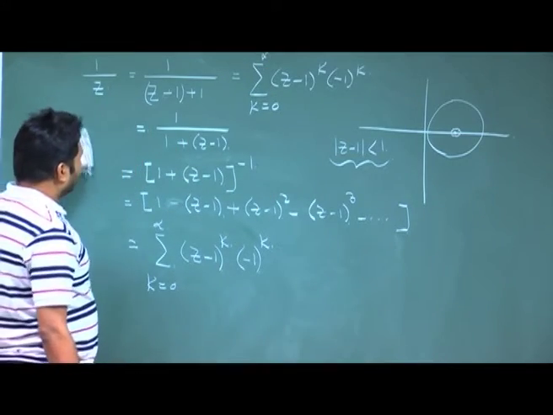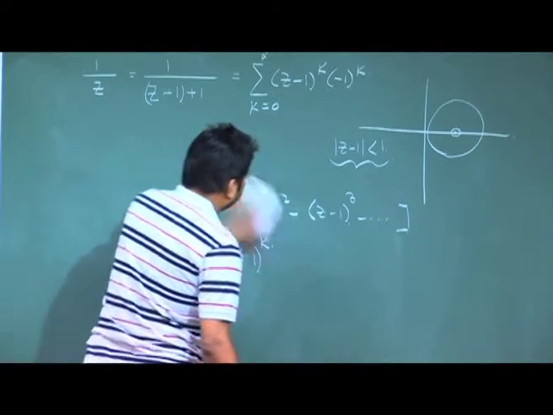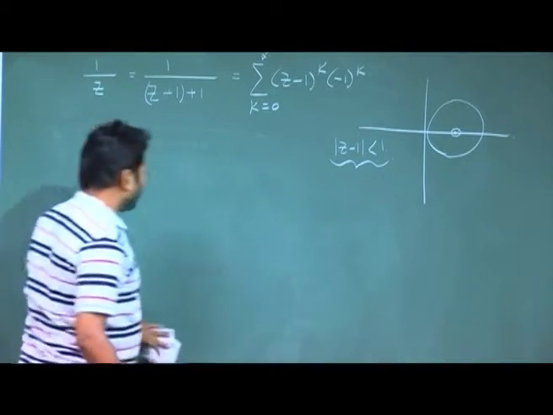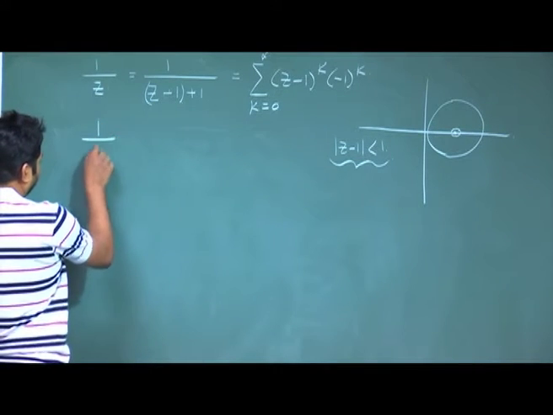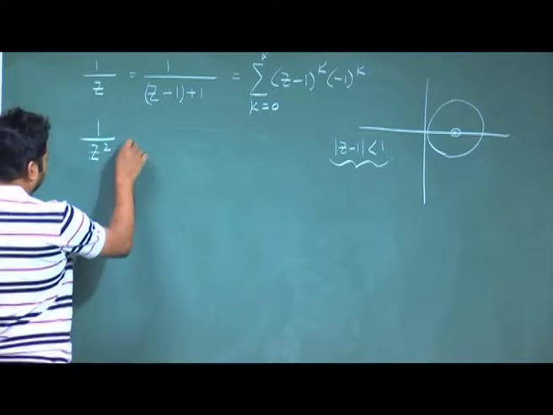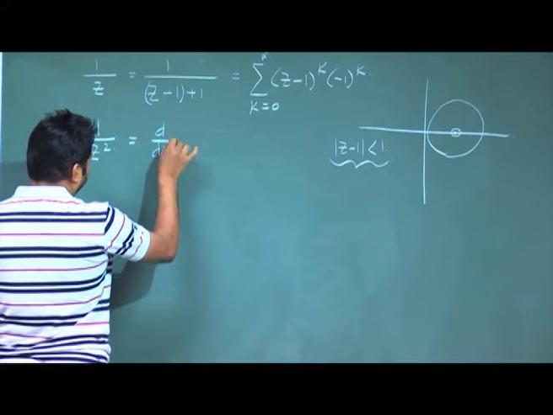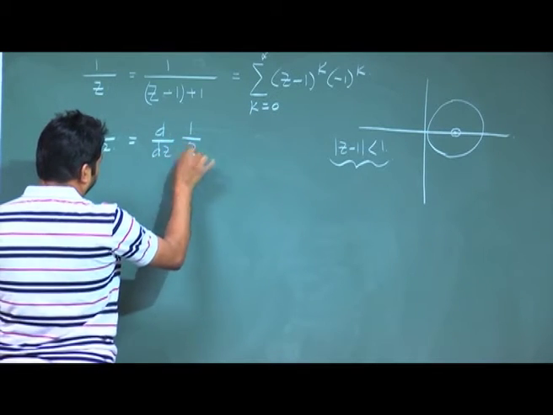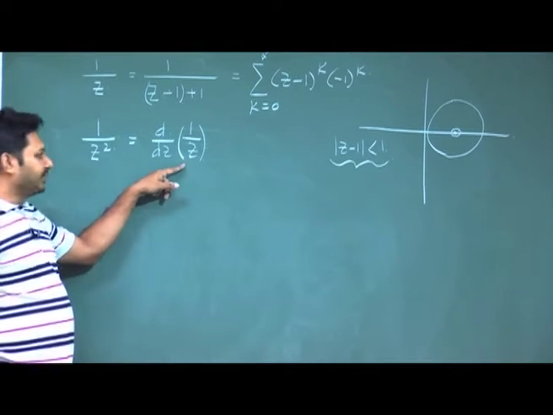Next, once I have this value in my hand, I need to expand 1 by z square, which is another term. So 1 by z square I can write in this way. This is interesting: d dz of 1 by z.